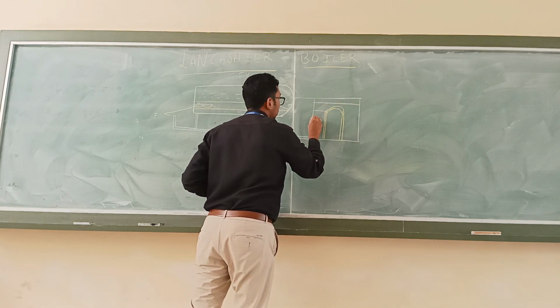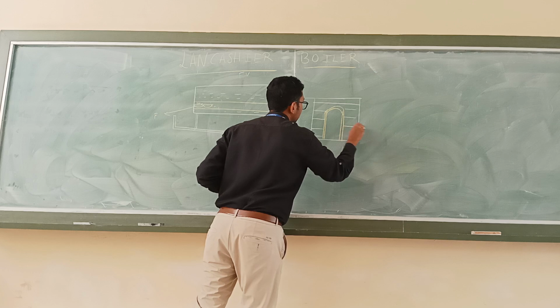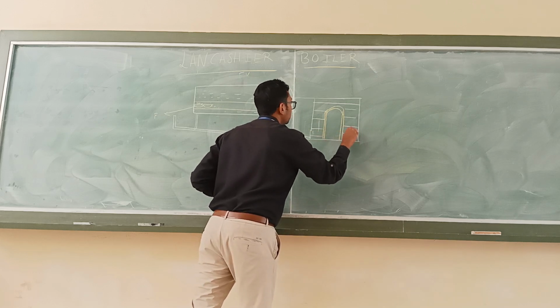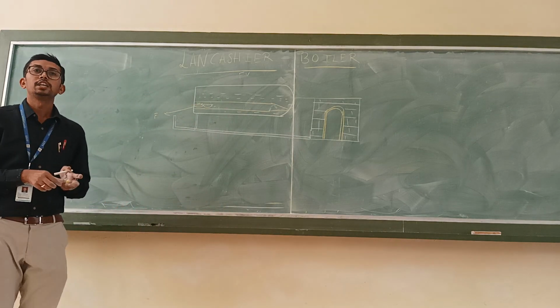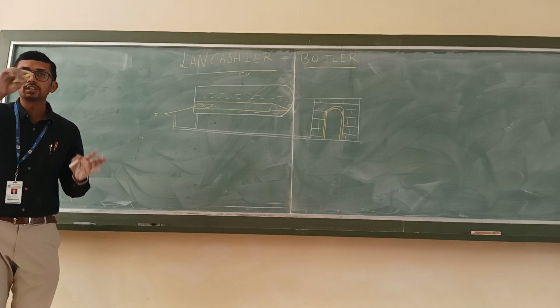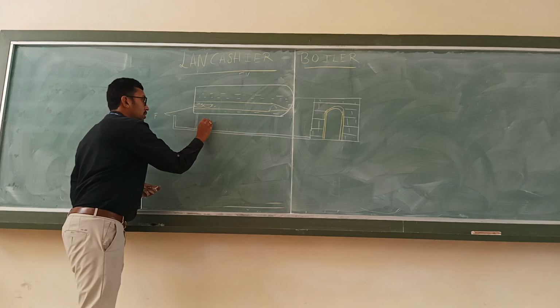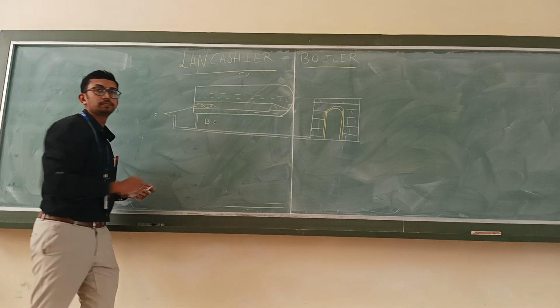And the representation of this will be like this. These are the brick structure. Okay. In front view, we can see only the bottom channel. So this is the bottom channel.